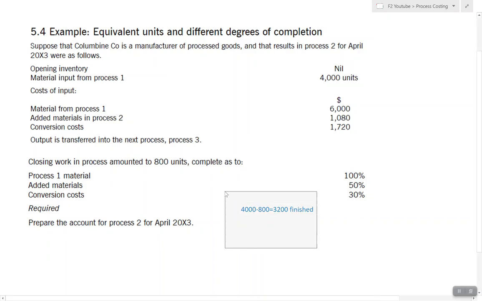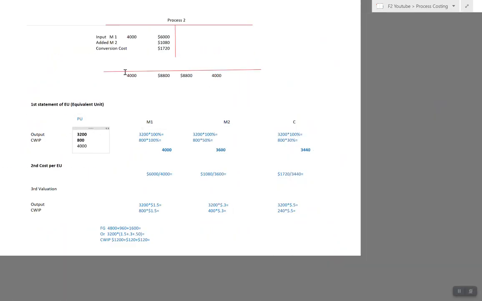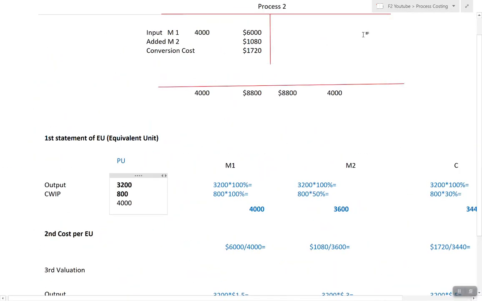Now, if input is 4,000 units and 800 is closing work in progress, that means 3,200 is output. So we have 3,200 output and 800 closing work in progress.